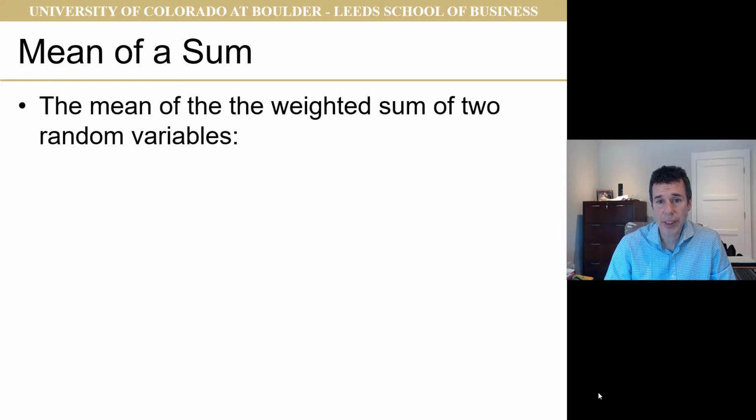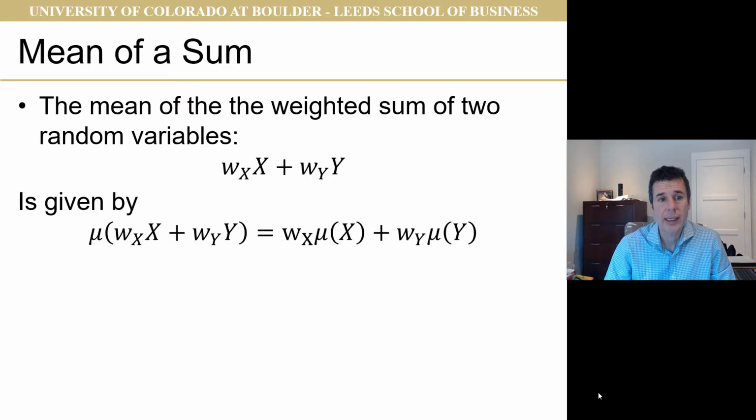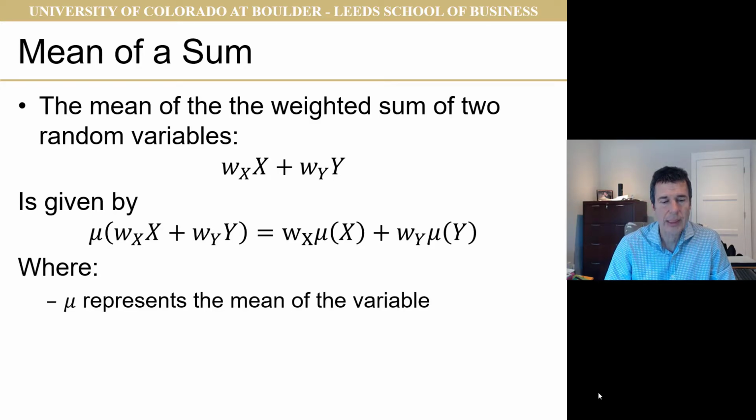So the mean of a weighted sum of two random variables, w sub x, which is the weight of the x variable, times x plus w sub y times y, is given by mu. Typically, mu represents the mean. So mu of w sub x of x plus w sub y of y equals w sub x times the mean of x plus w sub y times the mean of y. So basically the mean of the weighted sum of two random variables is the weighted sum of the means.